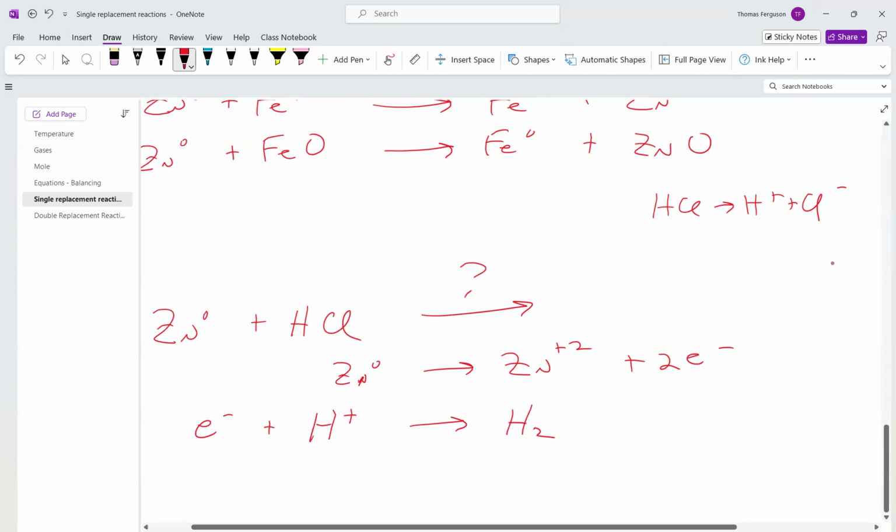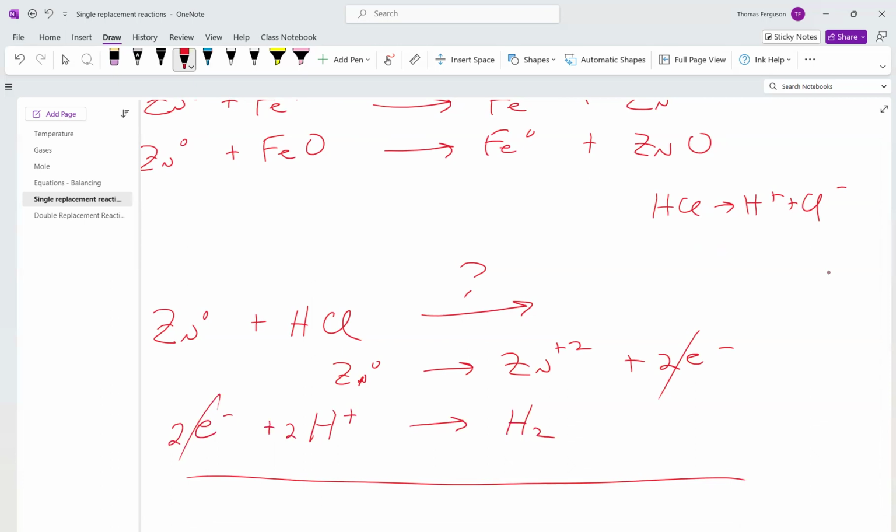Now notice, find H+ on your activity charts. It's about 1/3 of the way up. Notice it's H2. It's not just plain H, it's H2. So we have to balance this now. Okay, and the electrons cancel. The question is, does this reaction happen?